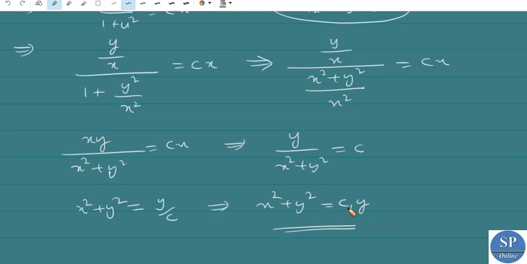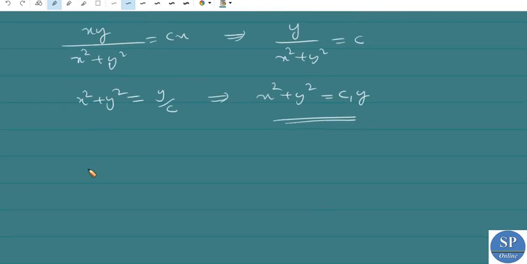Since c1 is an arbitrary constant, this represents a family of circles with the centers on the y-axis and passing through the origin. Because this can be written as x square plus y square minus c1 into y equal to 0.